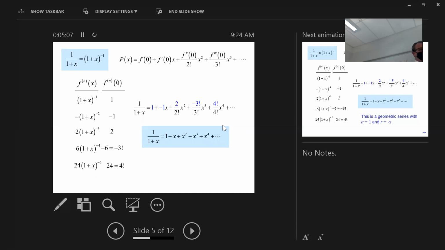See, that's geometric. The cosine and the sine and e to the x are not geometric. You have to use the expansion. This, you could use the expansion, or you could just multiply by the constant ratio, which you have to interpret from the function. So they're just confirming that this will work, even though you don't really need it, because we know what that is.